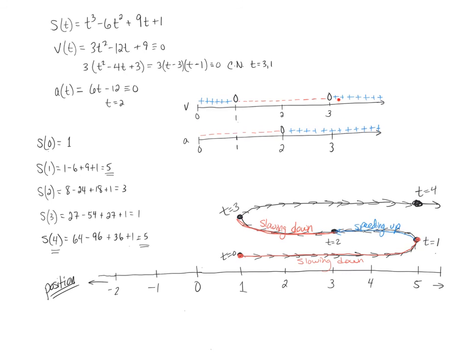And now for the last part of the journey, from 3 seconds onward, our velocity is positive, which means we're moving to the right, and our acceleration is positive, and because those two things are the same sign, as we move off here to the right, we are speeding up.